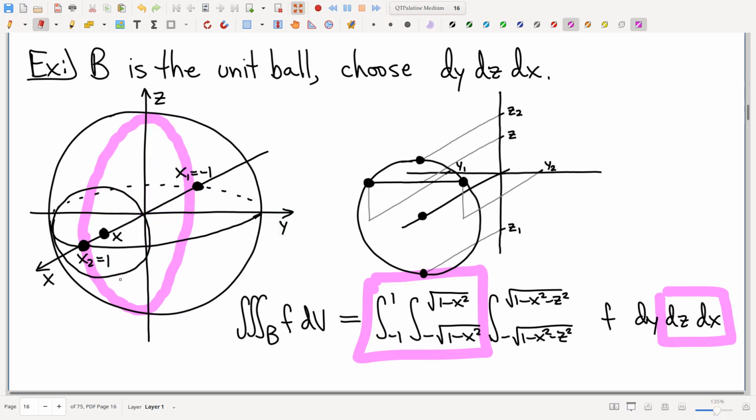And then you notice, for any given value of x and z, your lower bound for y will always be some point that's on that left surface: x squared plus y squared plus z squared is 1, and y is negative.